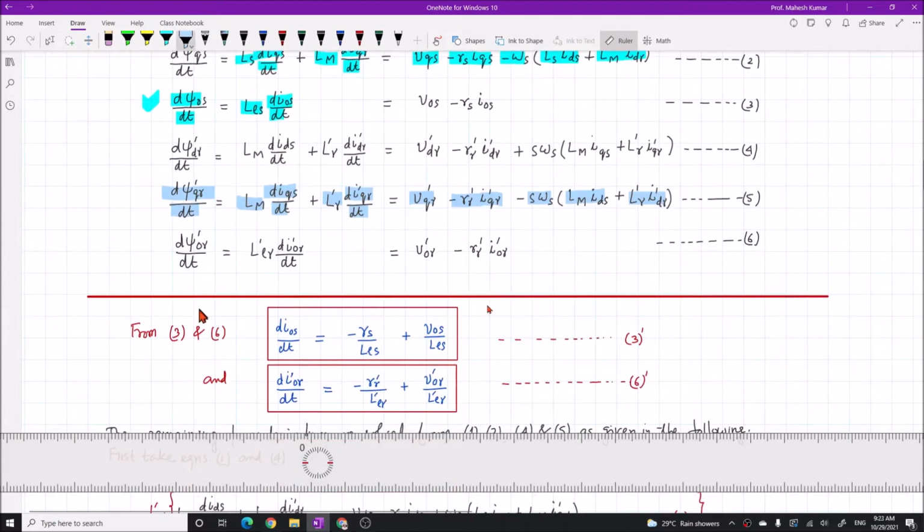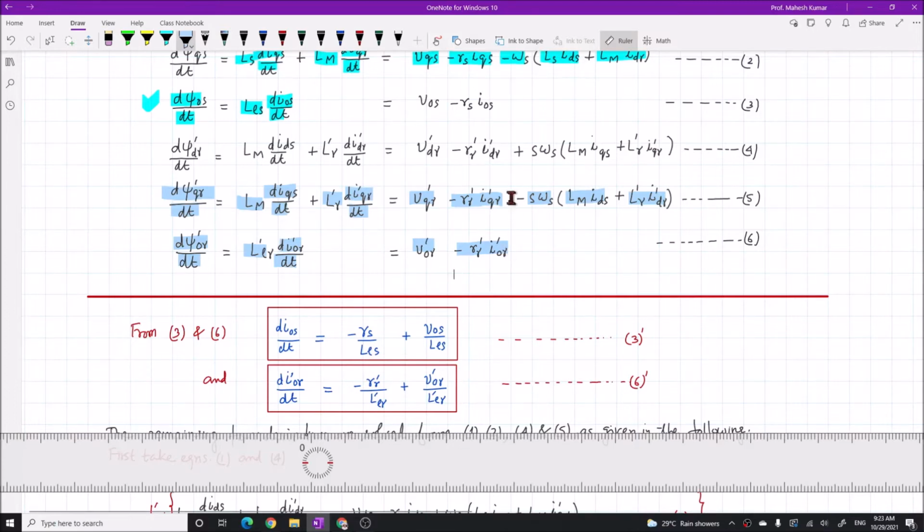And the last one is the zero axis flux linkage derivative: d psi 0r dash by dt equals Llr dash di0r dash by dt, which equals v0r dash minus Rr dash i0r dash. So these are 6 equations which need to be arranged in terms of the first order derivatives of the currents.